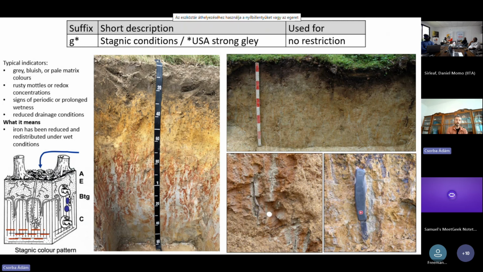This is why horizons with the suffix G show grayish colors along the root channels and reddish mottling far from the root channels.